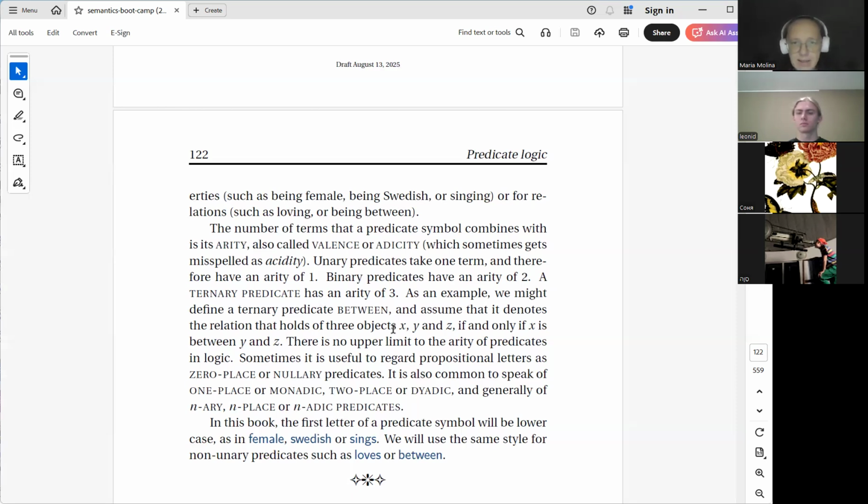Unary predicates take only one term. Intransitive verbs do the same, right? So their valence is 1. Binary predicates have valence of 2. But a predicate can take more, and we have ternary predicates with a valence of 3.